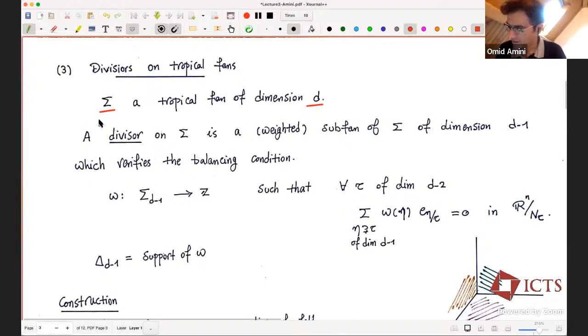A divisor on sigma is a weighted subfan of sigma of dimension d minus 1, which verifies the balancing condition. What does it mean?